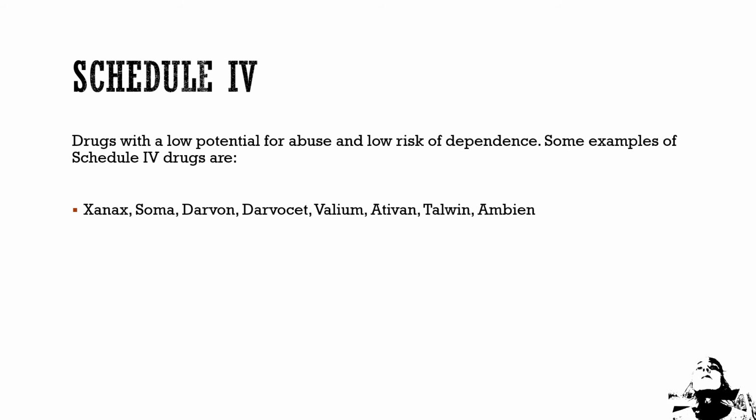Drugs with a low potential for abuse and low risk of dependence. Does anything stand out here? Write down any thoughts you have and anything you'd like to discuss next class. What stands out for me? Xanax, Ambien. Yep, high medical use, definitely. Not so sure about the low potential for abuse and low risk of dependence.